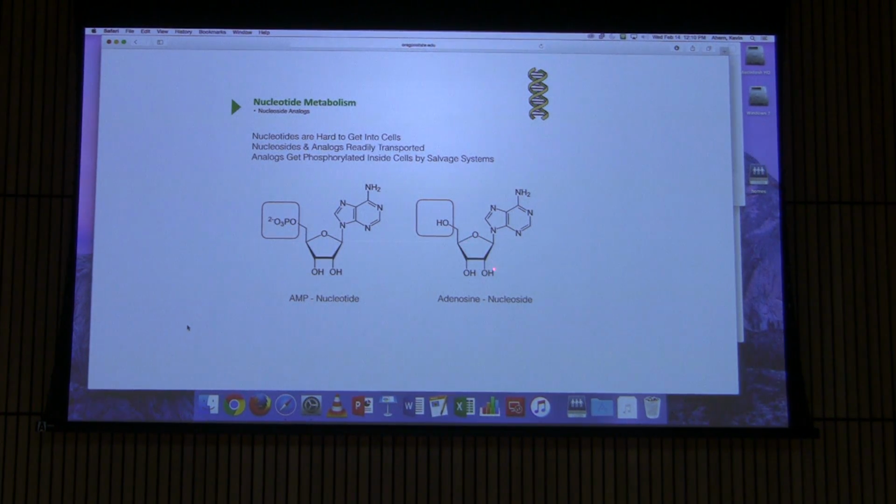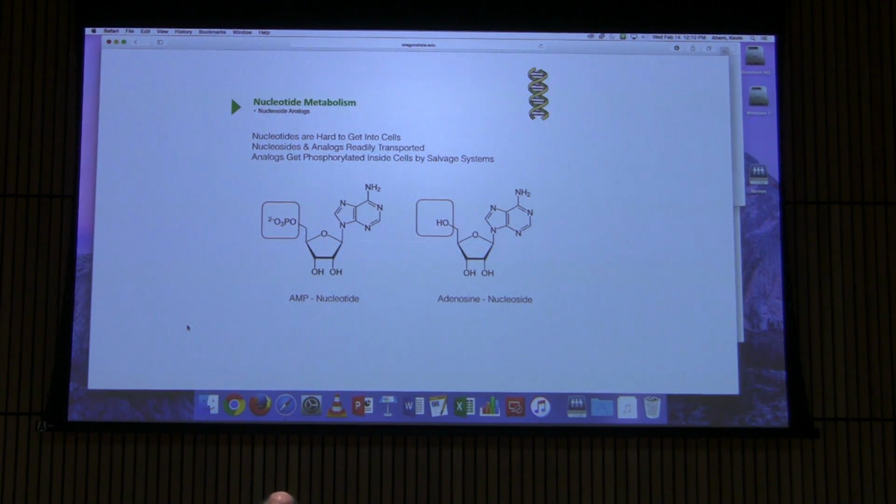Cells will transport this guy on the right. They will transport the nucleoside. They will not transport the phosphate part of that. So all of the compounds I'm going to show you are made in the nucleoside format. But that means that once they get into the cell, it is going to have to use the salvage pathway to make the corresponding nucleotide if it's going to be effective.